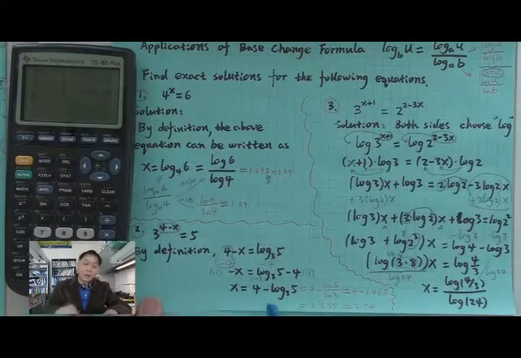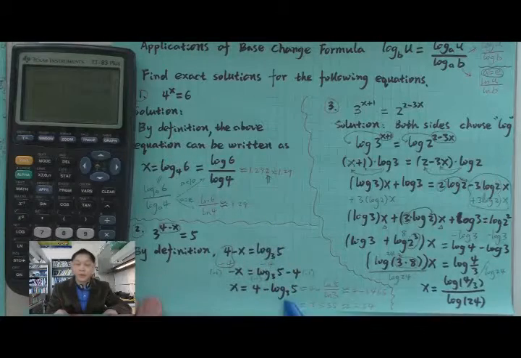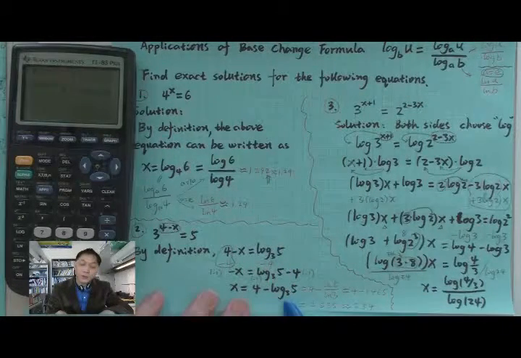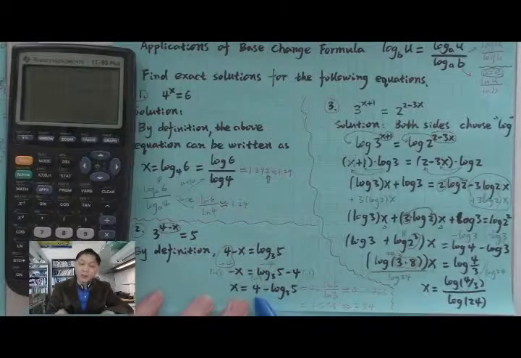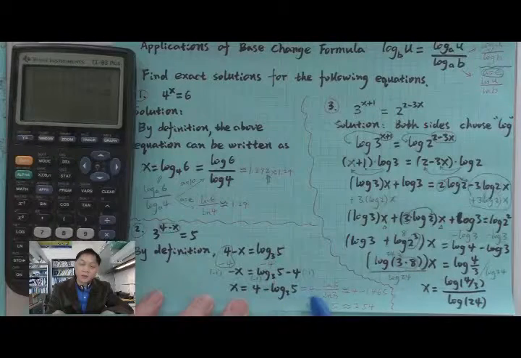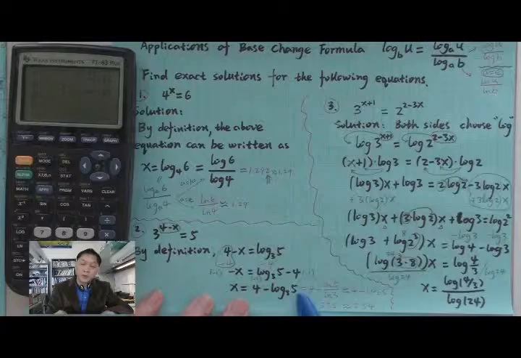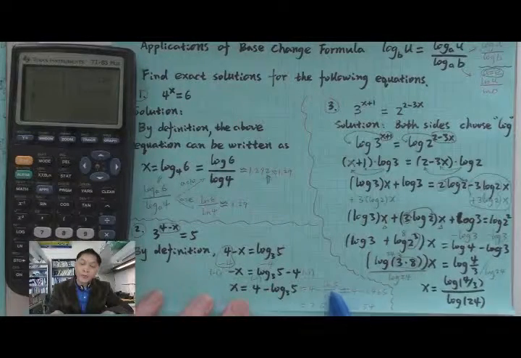But in order to find out the approximation, you need to change the base. Right here you can see we didn't do anything with 4, we keep it. And then we change log base 3 to the 5 to natural log 5 divided by natural log 3.